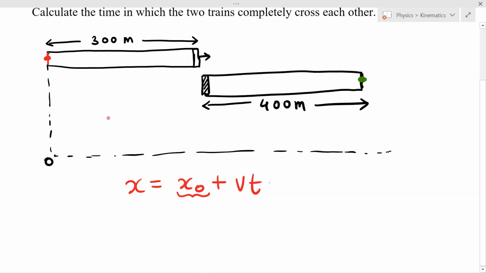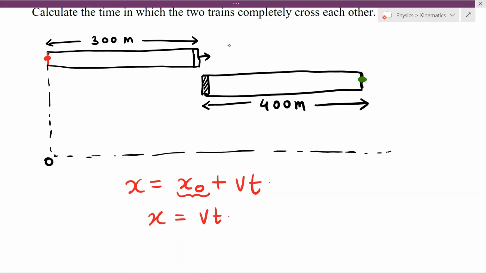So x0 will be 0, so this becomes x is equal to vt. Now you will say the observer indeed started his clock when these two heads are meeting, that is t equal to 0. That is the same as saying that this tail is at the origin. So now we have got the equation for the red one.